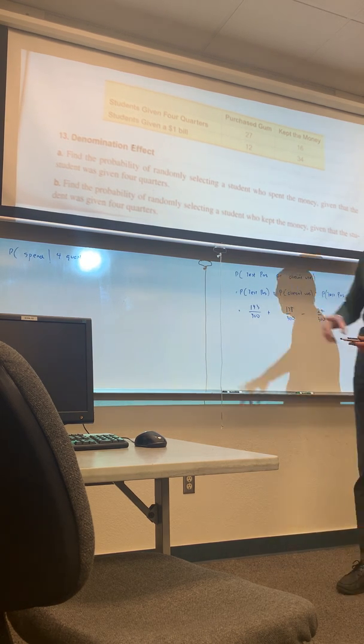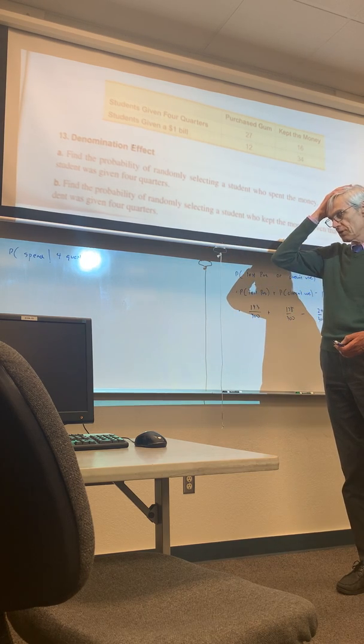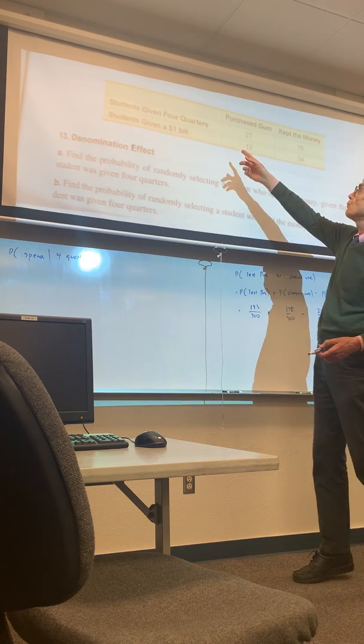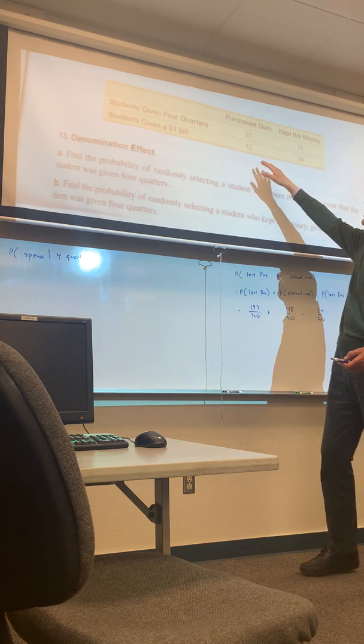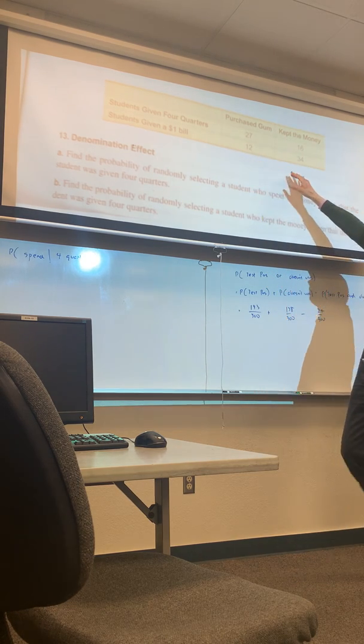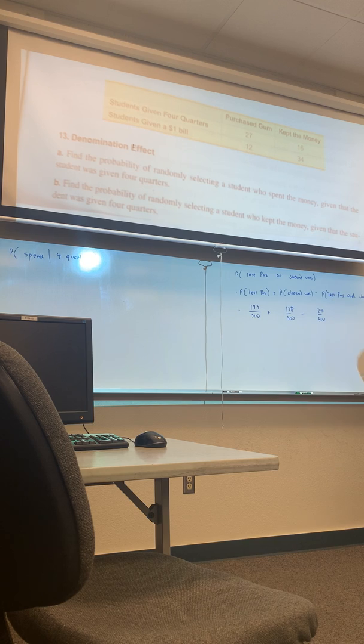When you have a conditional probability like this, it really reduces your table, because we can get rid of the second row, since we're only concerned with people who have been given 4 quarters. So of the people who have been given 4 quarters, what's the probability they spend?